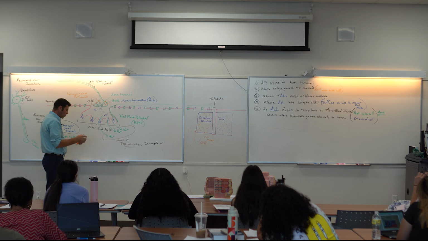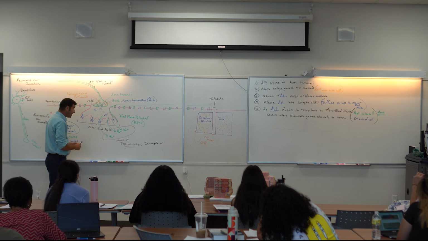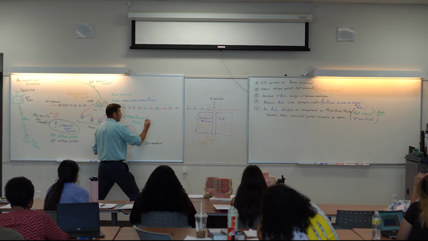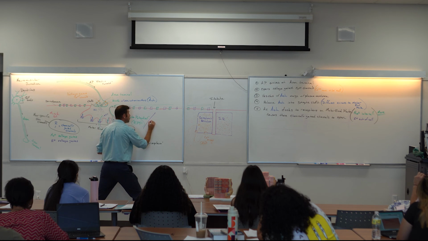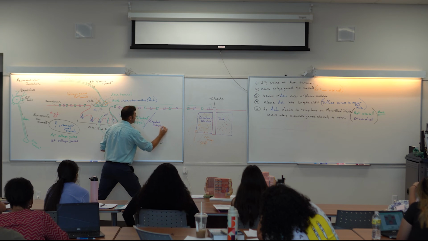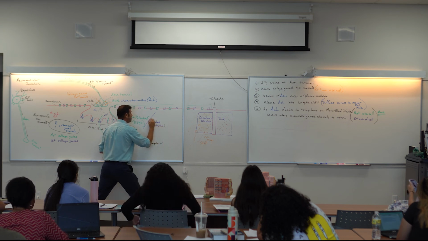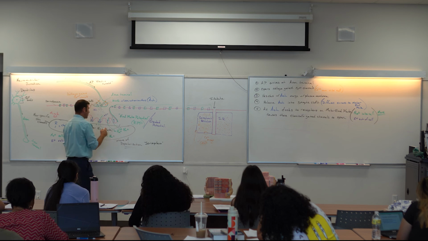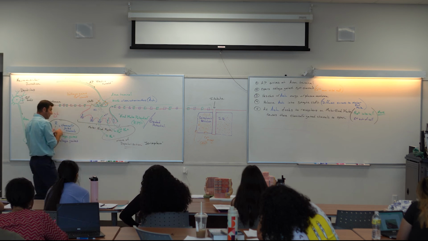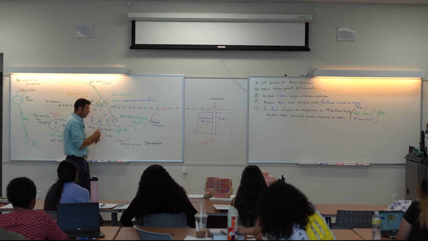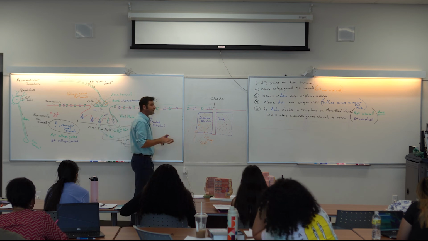Here, I'm going to throw another word out there. End plate potential. We're going to see this as a type of graded potential. Graded potential just means that we are involving chemically gated channels, and the strength of this signal can vary.